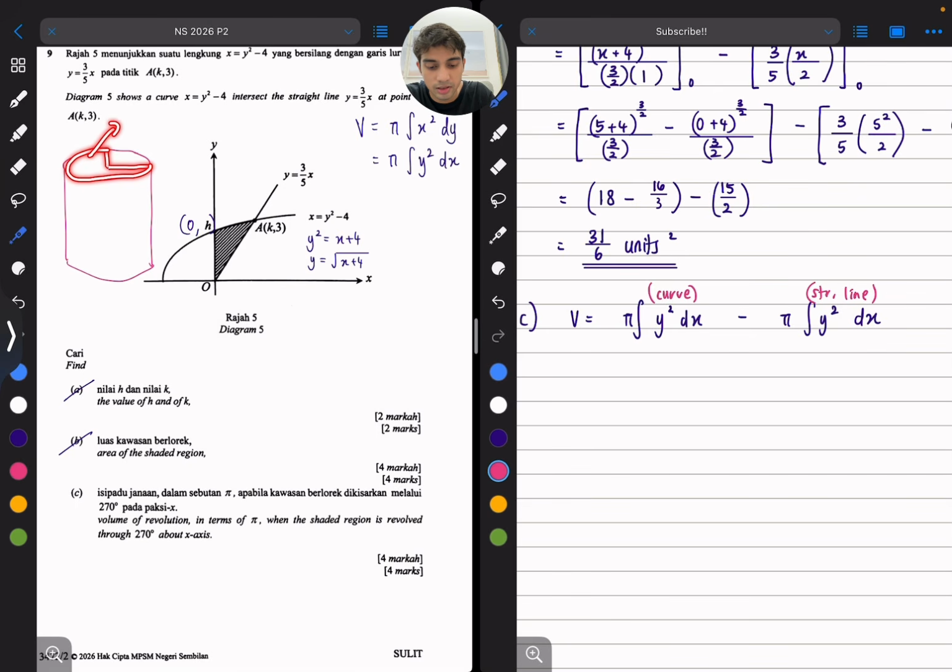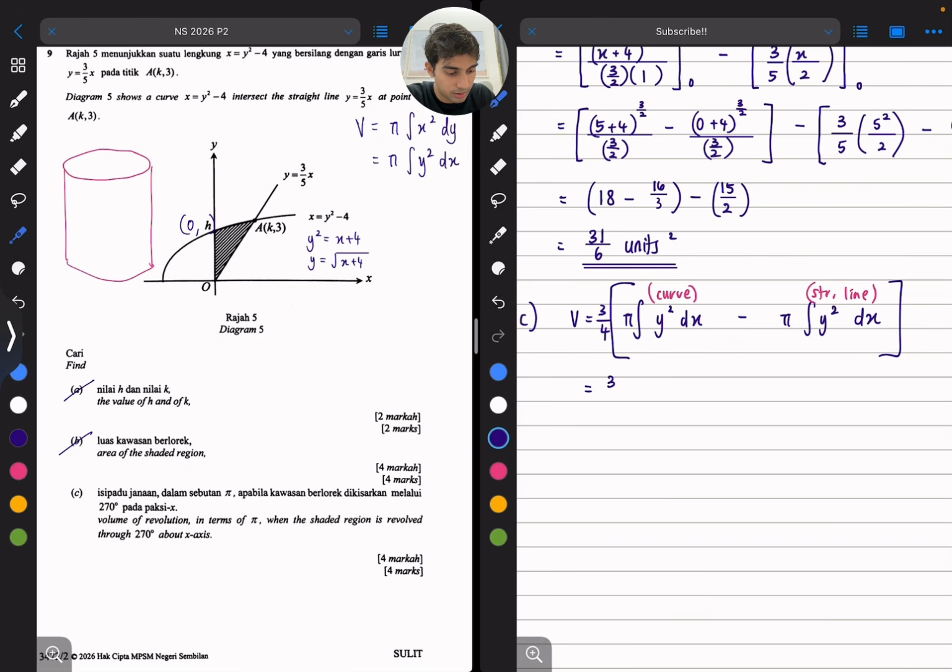Means this is 3/4 of the whole 360. So this volume is going to give you 360 degrees. But since we want only 270, we just times the whole thing with 3/4. 3/4 of the whole thing. Okay.